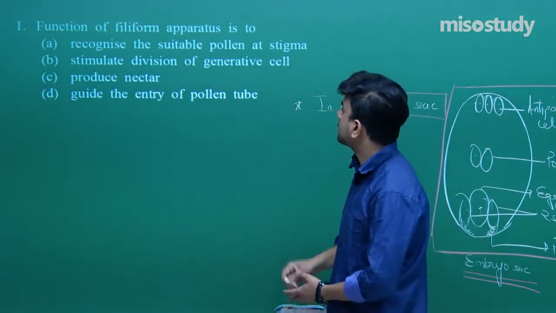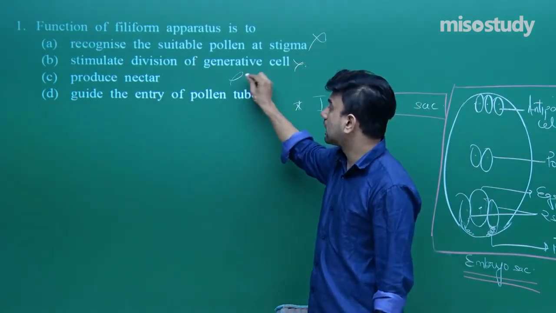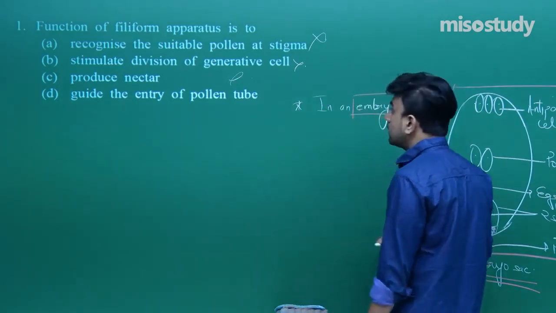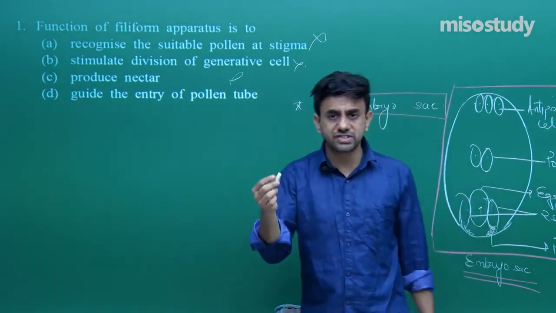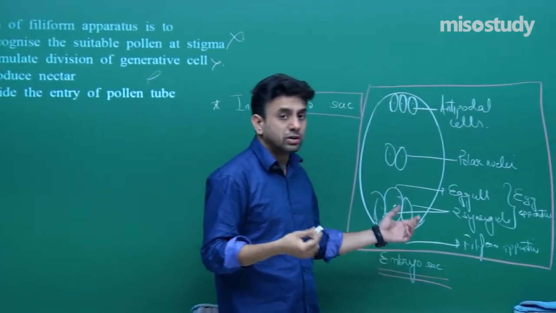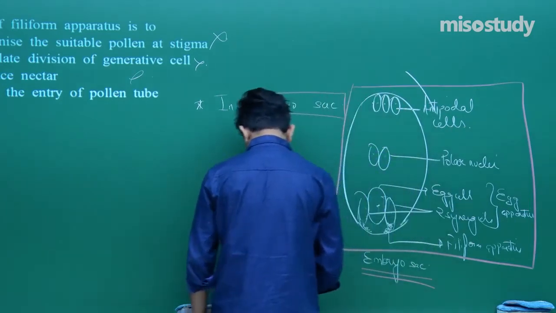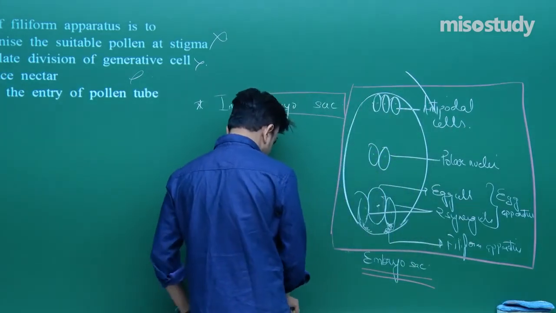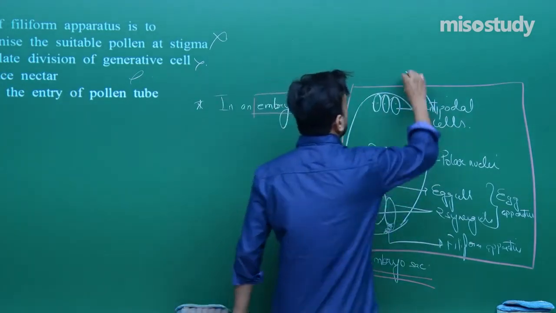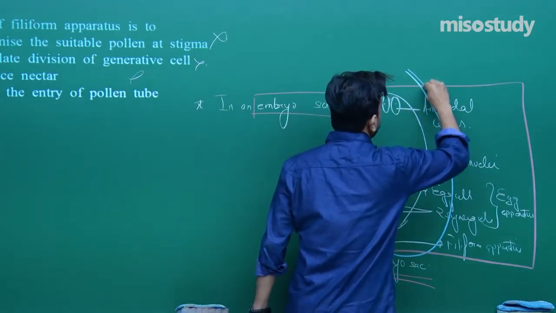Next, stimulate division of the generative cell, produce nectar, and guide the entry of the pollen tube. Even if you just have an idea what the filiform apparatus is and where it is present, you will see that it will guide the entry of the pollen tube.